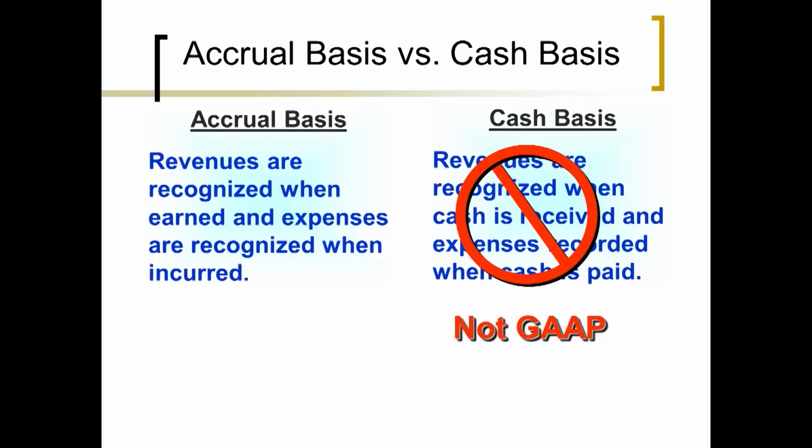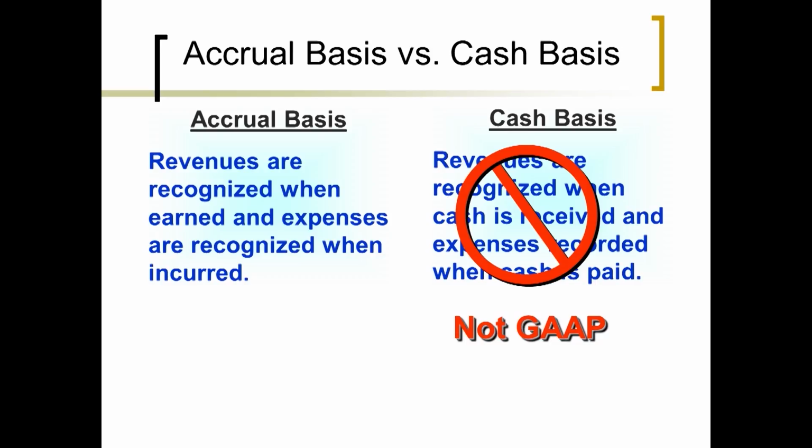You could have your customers prepay you to build up your revenues, even though you haven't provided services. You could tell your accounts payable people to not pay things until the next year to try to keep your expenses low. You see what I'm saying? Okay? So the cash basis of accounting, we do not use that for the most part. It's not generally accepted accounting principle.